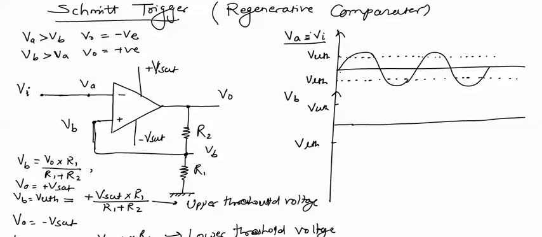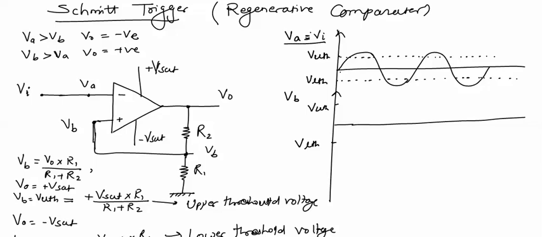Now we'll start the analysis. Before starting, remember one thing, that VB has two values, VUTH and VLTH, but both values cannot be there at the same time. There will be a different value for different output. If output equal to plus Vsat, then VB will be VUTH, and if output equal to minus Vsat, then VB will be VLTH.